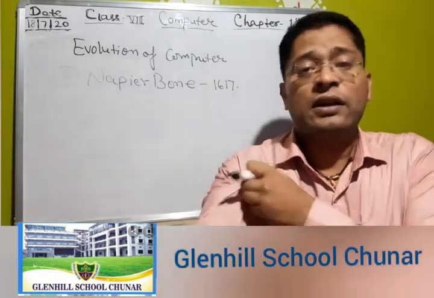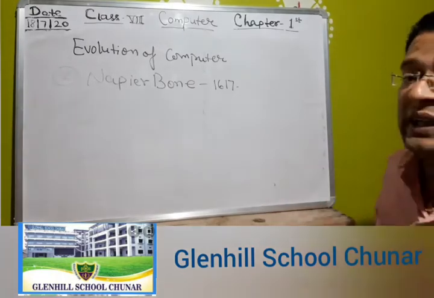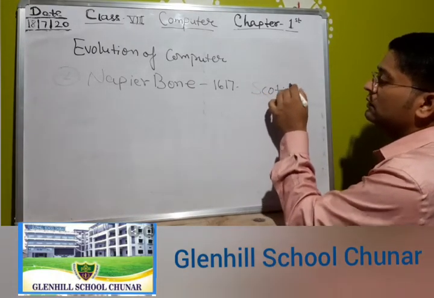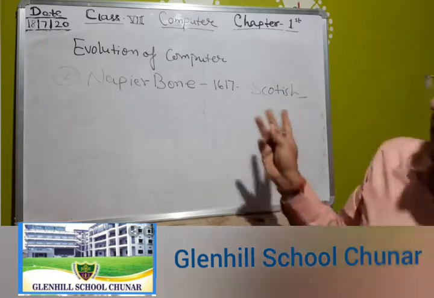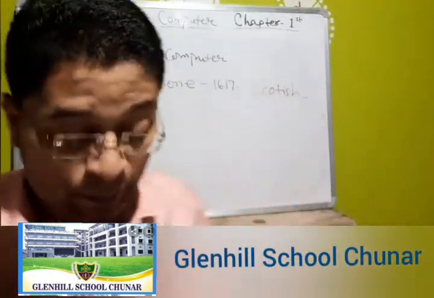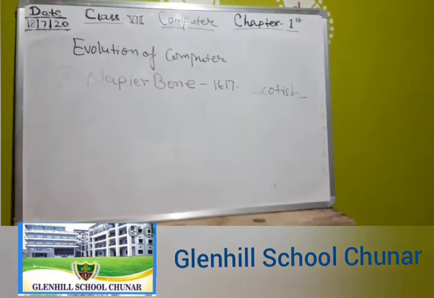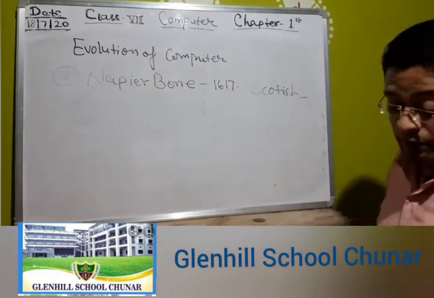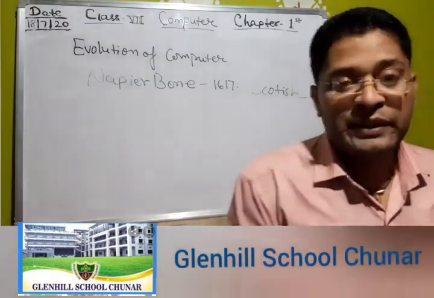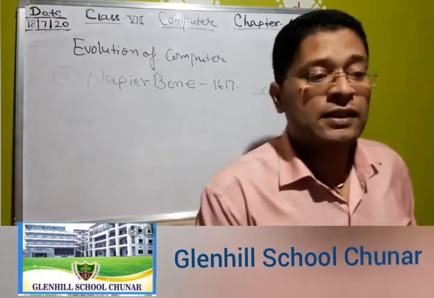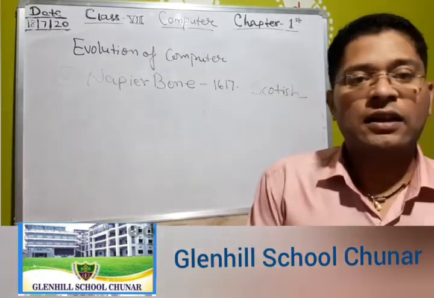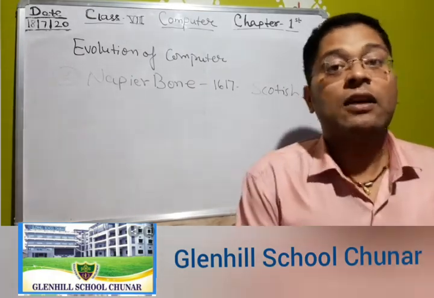Okay, student, and this was a Scottish mathematician. A Scottish mathematician invented that machine. The Napier's bones machine was invented by a Scottish mathematician in the 17th century, and it was meant for calculations like multiplication and division of numbers.